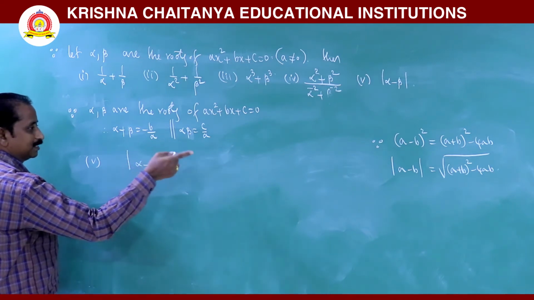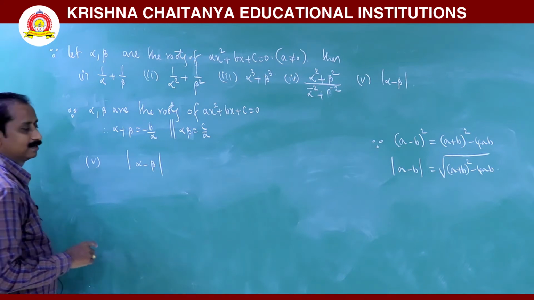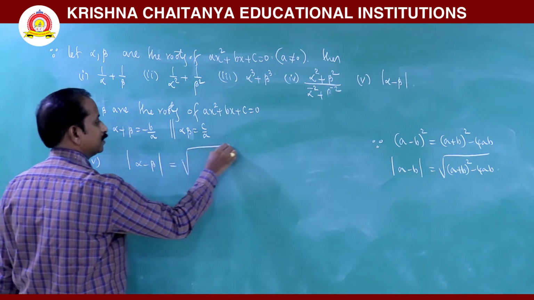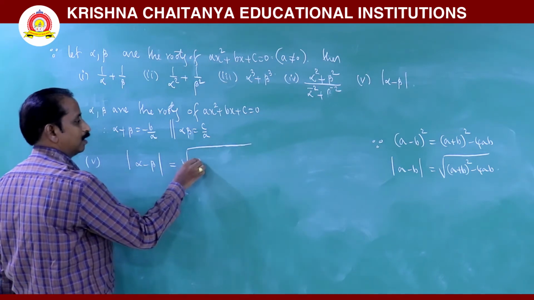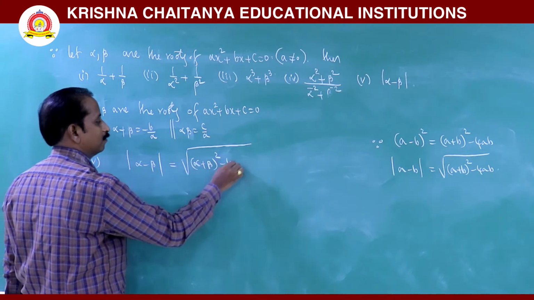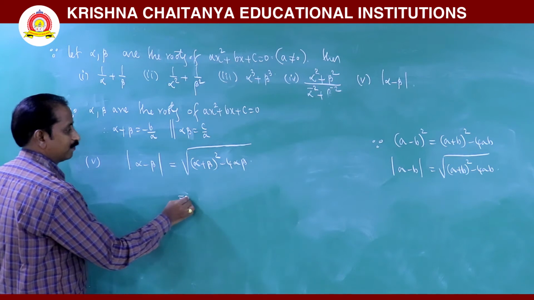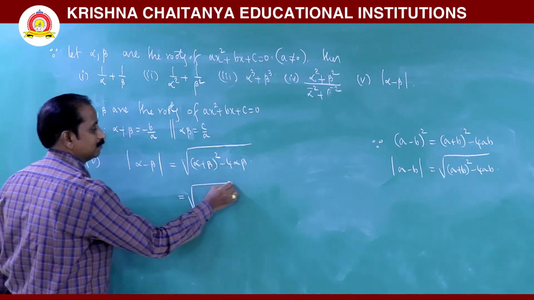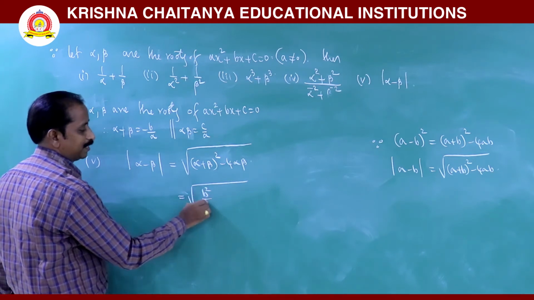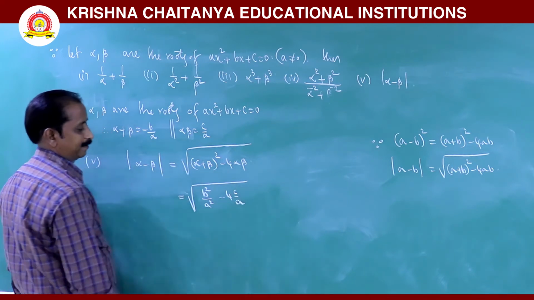So, using that basic, we can write modulus of alpha minus beta as under square root of alpha plus beta whole square minus 4 times alpha beta. Now, alpha plus beta is minus b by a, whole square, nothing but b square by a square. Alpha into beta is nothing but c by a.